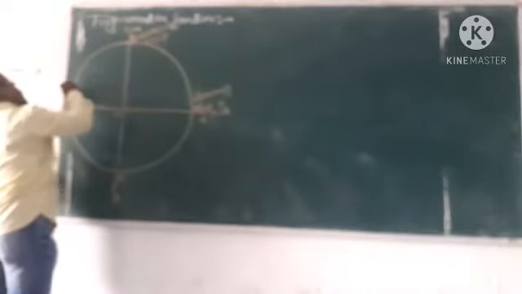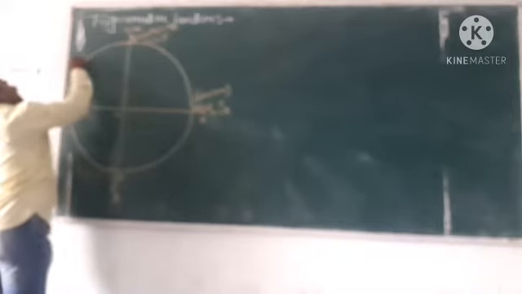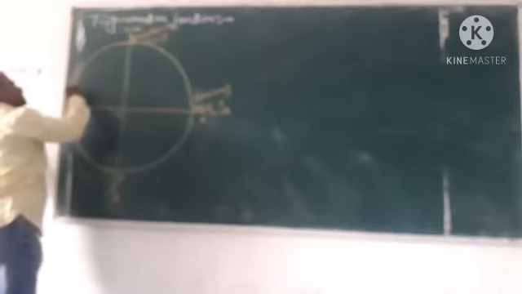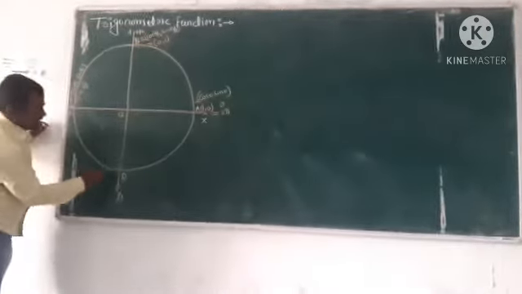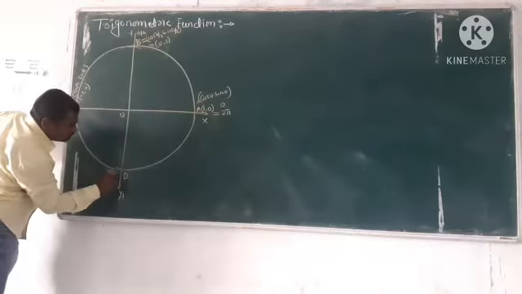Another part we are going to express is cos pi, sin pi. So cos pi means minus 1, 0. Got it? So this is the value expressed for pi, and here 3 pi by 2.